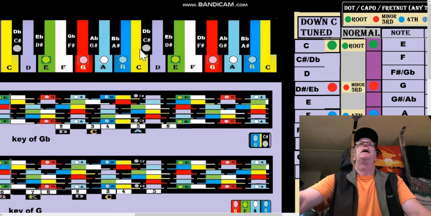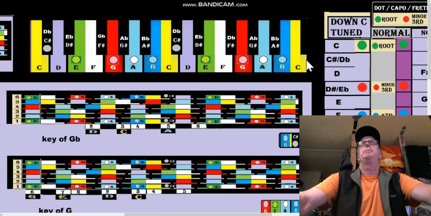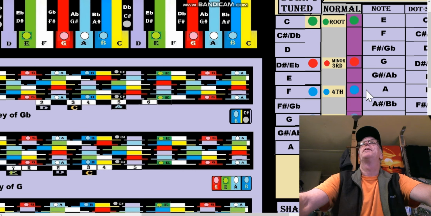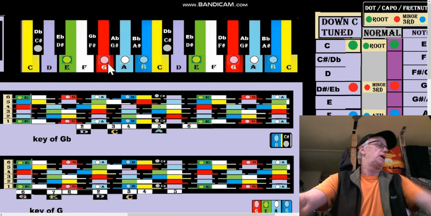So here are the dots. I know some of you don't understand piano, but this is a colored piano. So we got a red dot on the G, we got a blue dot here, your little blue dot on the fourth, on the A, which is the fourth of E. So here's the E green dot or fret nut. The minor third is the first dot.